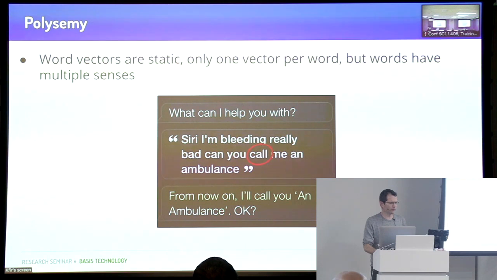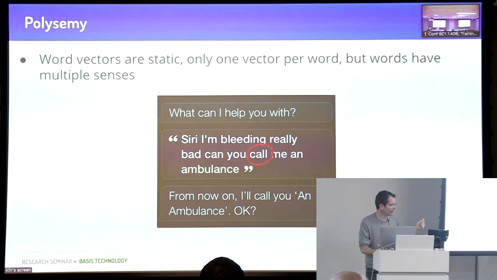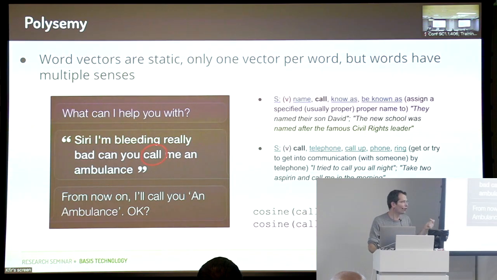Words might have different meanings. You know that. Here, "call" has at least two meanings. One is to call someone a name, like to assign a name, and the other is to call someone on the phone. There are probably other meanings too.